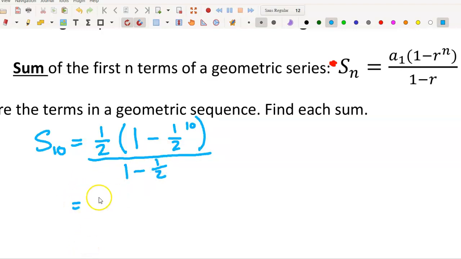All right. A calculator would probably be nice here, for the 1/2 to the 10th power. That'd be good to figure out. So 1 over 2 to the 10 is, plug it in, 1024.